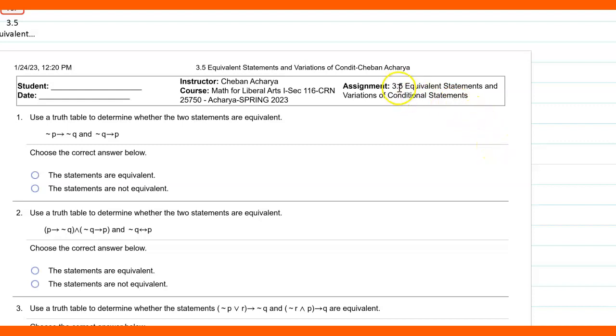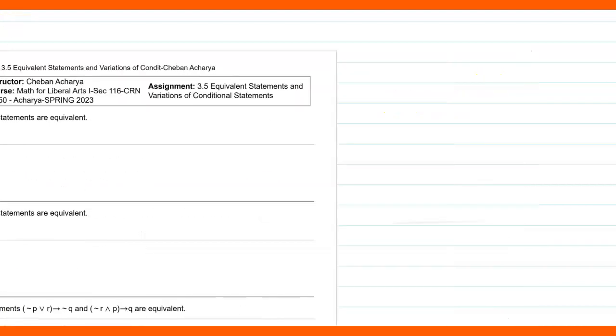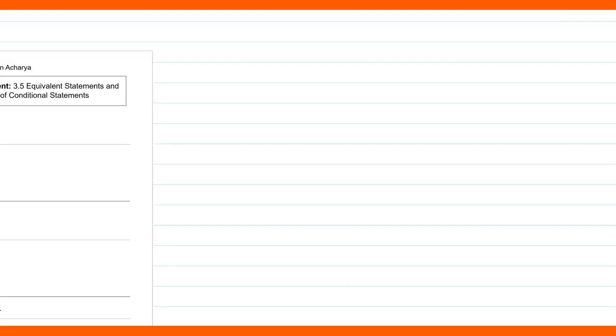We talk about the equivalent statements and the variation of conditional statements. Let me go over some definitions related to these topics, and let's talk about the equivalent statement. What are equivalent statements?